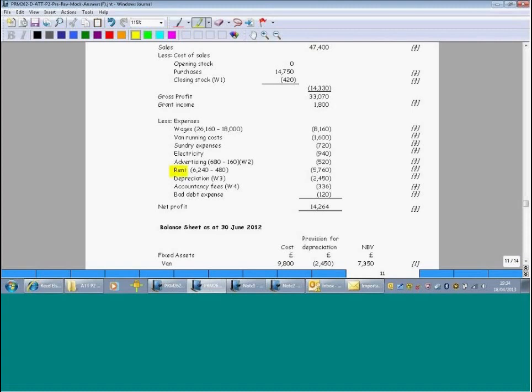And you could now show a negative figure of 480, because you're decreasing rent expense. You could start by doing that, or you could take the figure from the TB, which showed rent expense of 6240, and put that in brackets first, and then deduct the 480. But that's what they're doing to show the credit to rent expense, the decrease to rent expense.